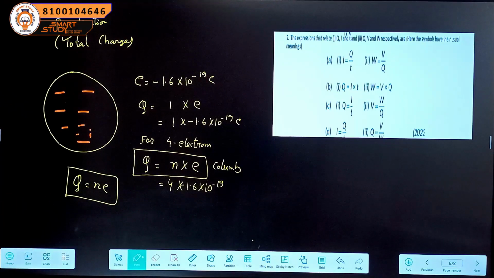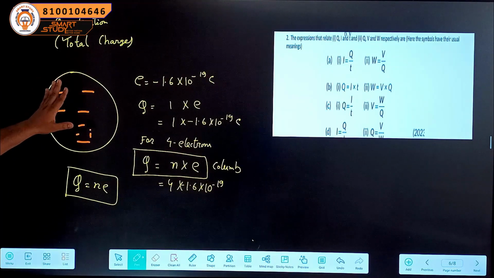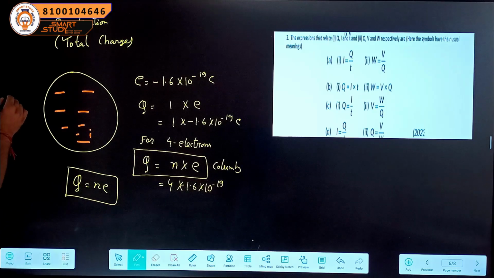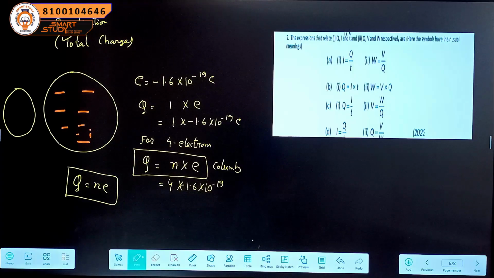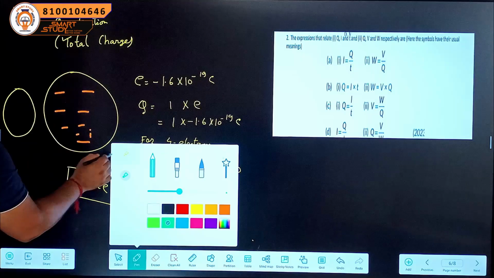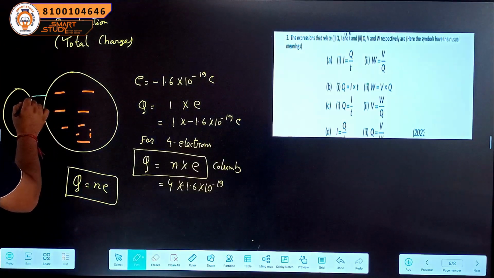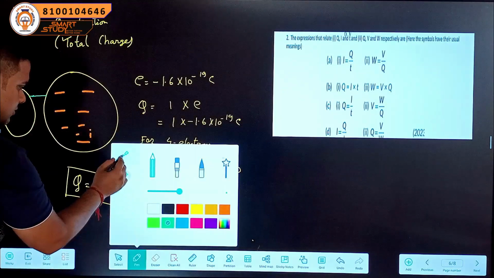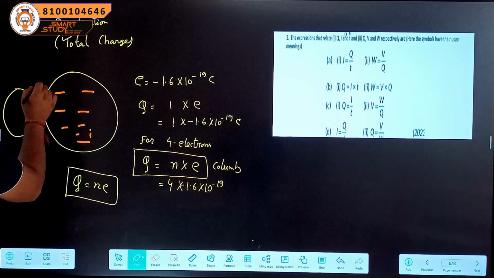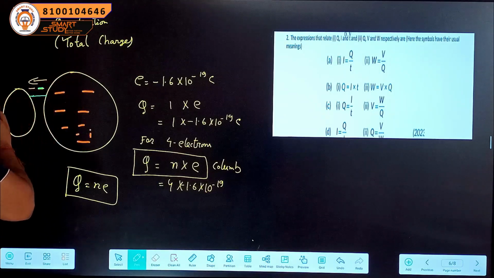Now what is current? Suppose we connect a fully or partially charged sphere with an electrically neutral body. Then what happens? Due to diffusion, electrons will flow from this sphere to this sphere.